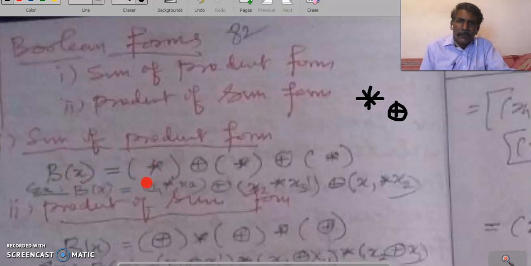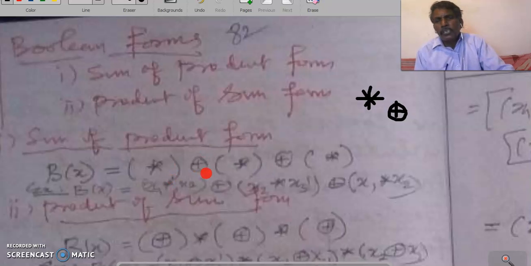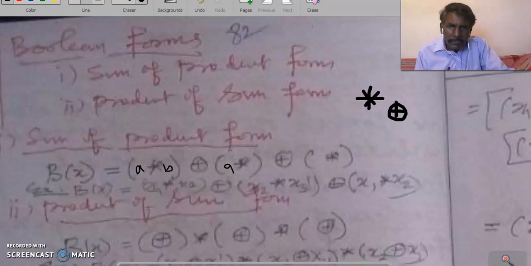B of x is of the form join of meet. Outside we have to come first, then afterwards inside this. So some expressions we can take here. For example, we can take A, B, A dash, B dash, and A star B dash.